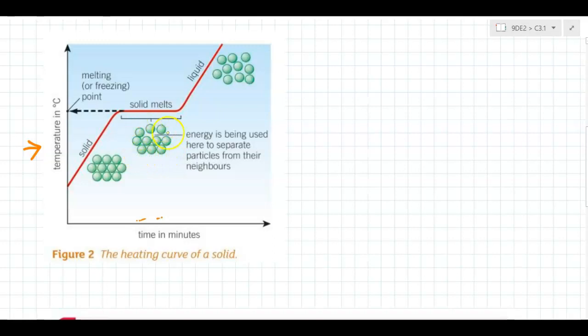So at this point here, where the solid becomes a liquid, instead of the energy making the stuff get hotter, the energy is making the particles in the stuff move apart from each other. We could say that here the temperature is going up and the kinetic energy of the particles is increasing.